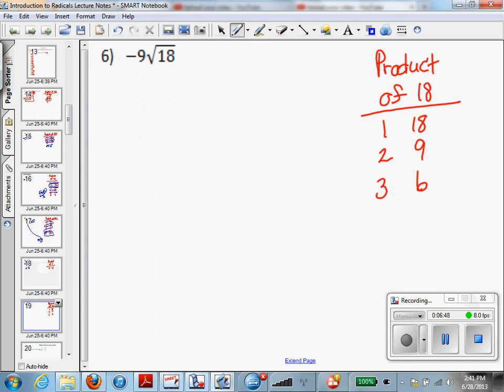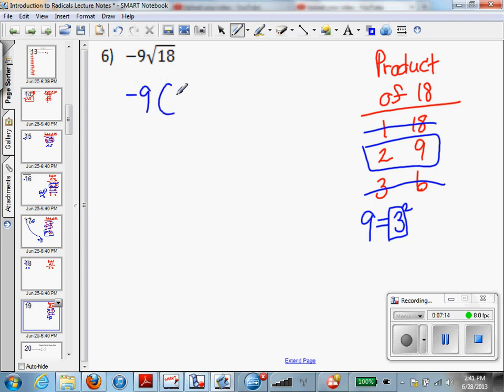With our final example for this video, we have negative 9 times the square root of 18. Okay, so we have to think about the factors of 18. 1 and 18 won't make a perfect square, and neither will 3 and 6, but the couple 2 times 9 equals 18. 9 is a perfect square, and as we've discussed, 9 can be written as 3 squared, where we take the number being squared and pull it outside of the radical.